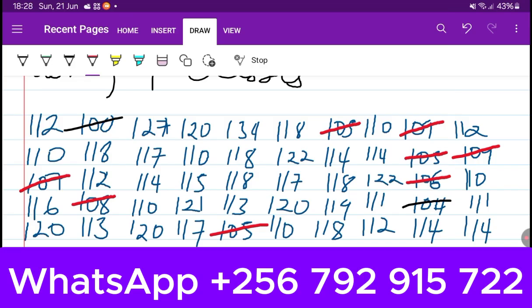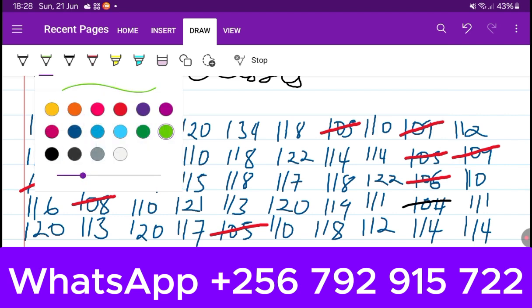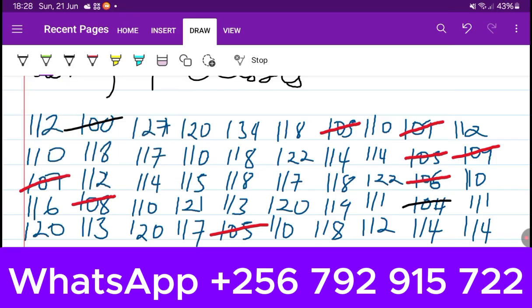Then you go to 110 to 114. You can use maybe a different color. Let me take green. So 110, we are stopping at 114. It is 110 to 114. So this is 112.